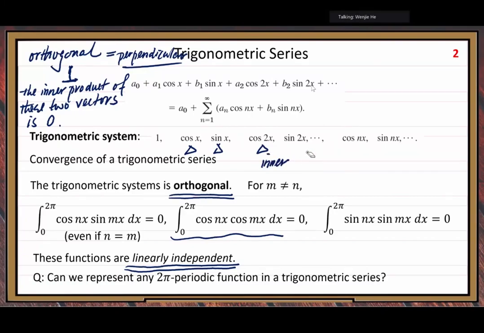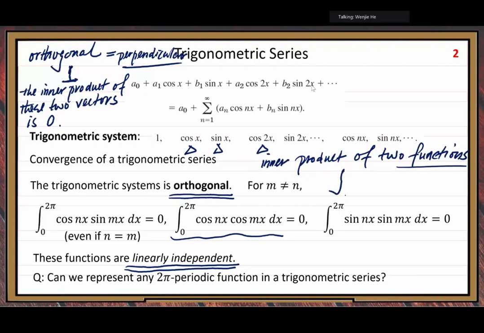What's the inner product of two functions? Although functions are different from vectors, now we treat them as objects. So we want to have the inner product defined as some integral.